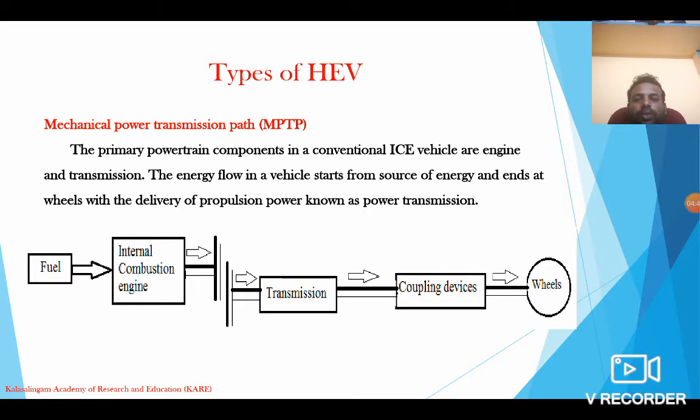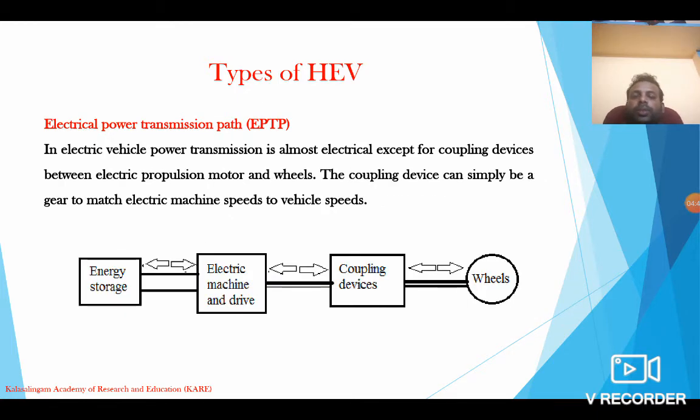The second one is the electrical power transmission path. The electrical power transmission path is where the hybrid electrical vehicle is propelled, or operated, with the help of an electrical motor, right? In this case, you can see from the image that initially the power will be transferred from the battery energy storage device to the electrical motor, and then the power will be transferred to the wheel through the coupling devices, right?